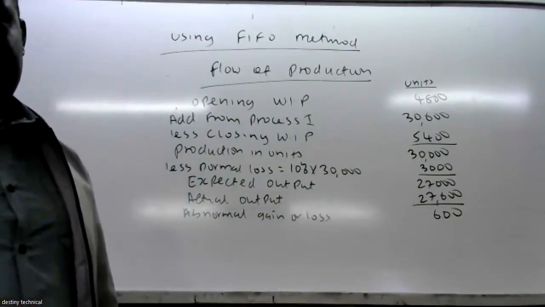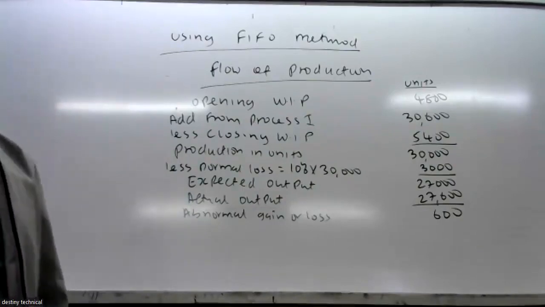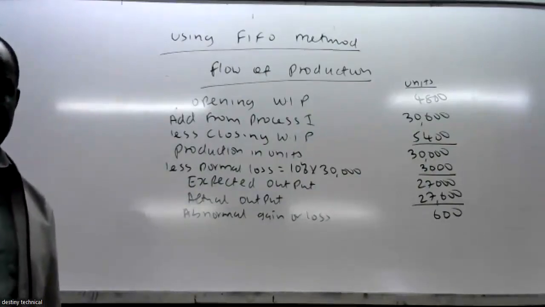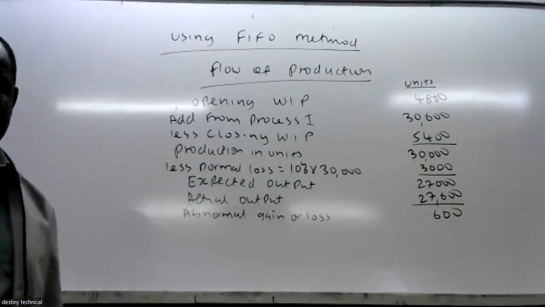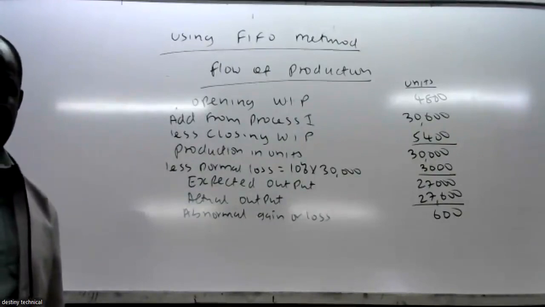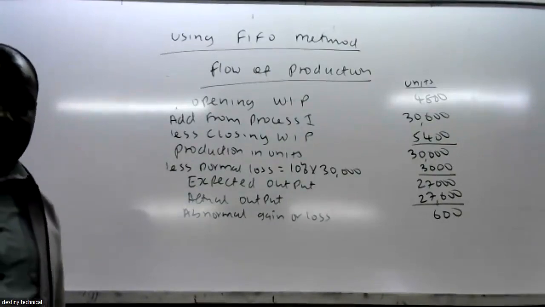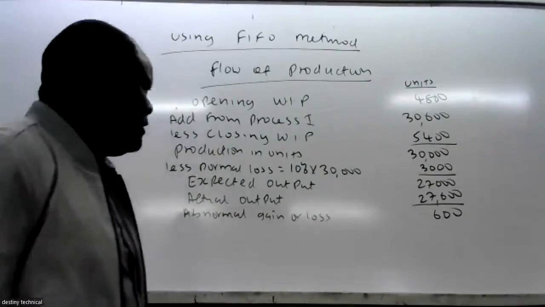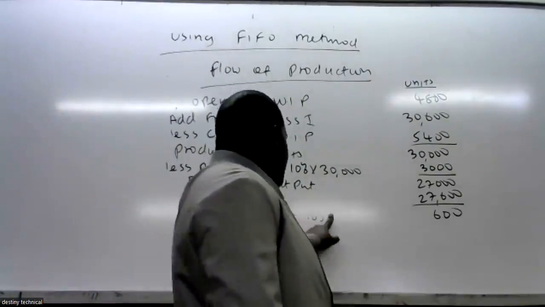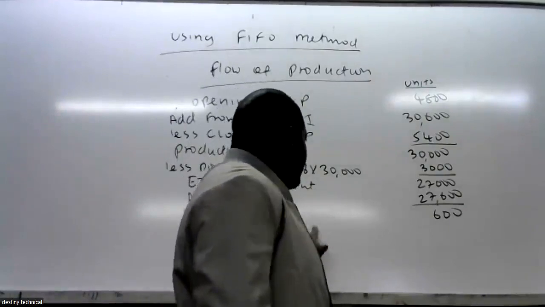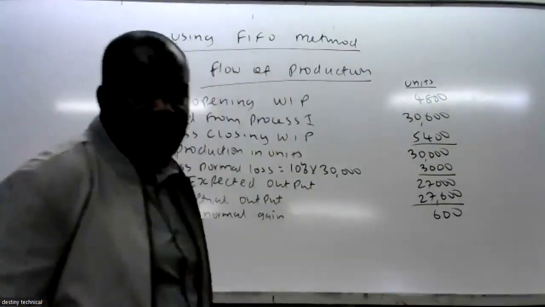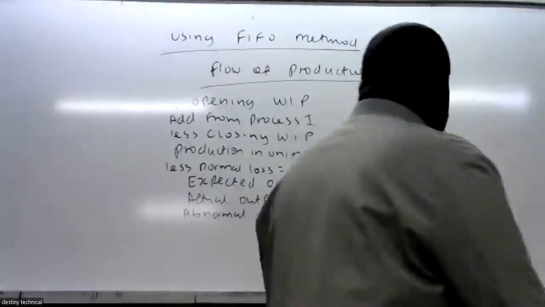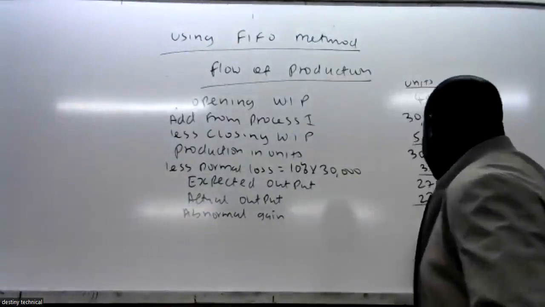So this one is abnormal gain. You get an abnormal gain of 600 units.